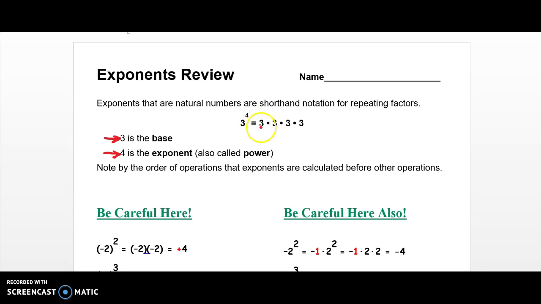So 3 to the 4th power is 3 times 3 times 3 times 3. Note by order of operations that exponents are calculated before other operations, but after any math inside of parentheses. You do parentheses first, then exponents, then multiplication and division, then addition and subtraction. All right?